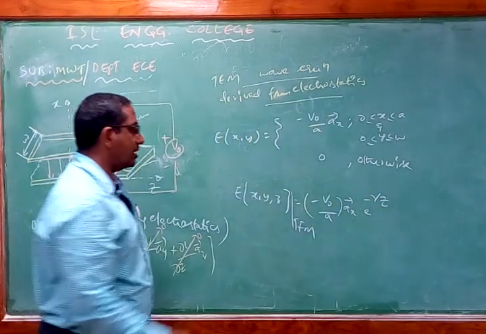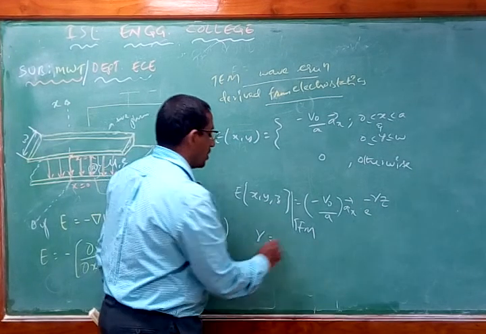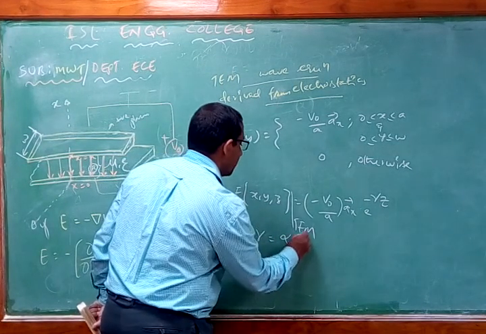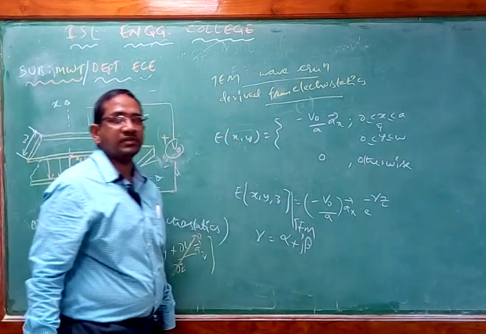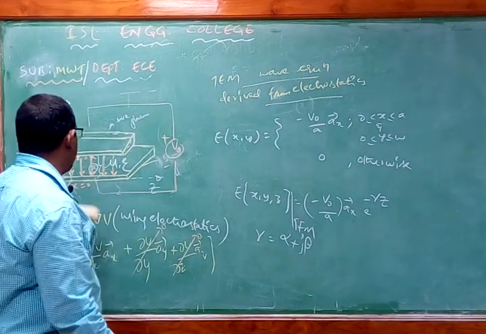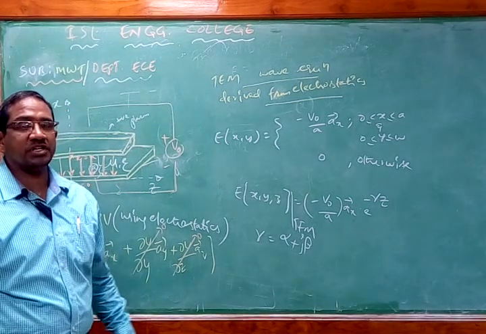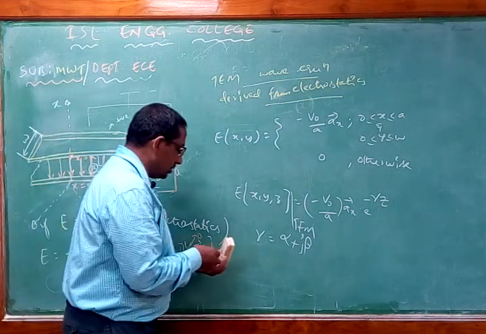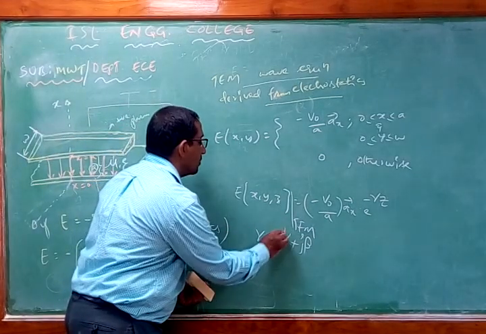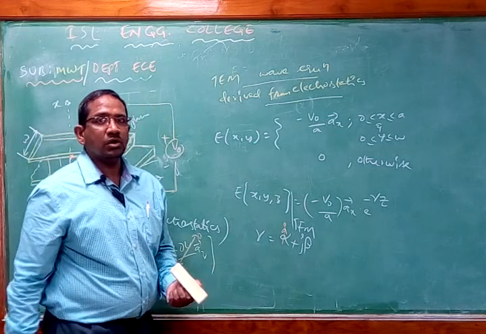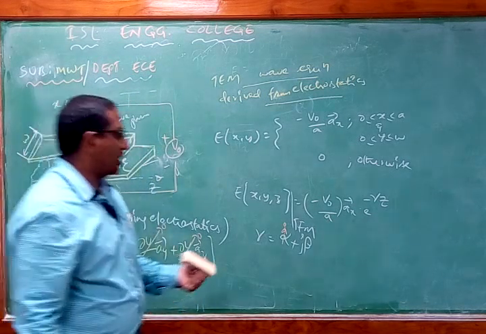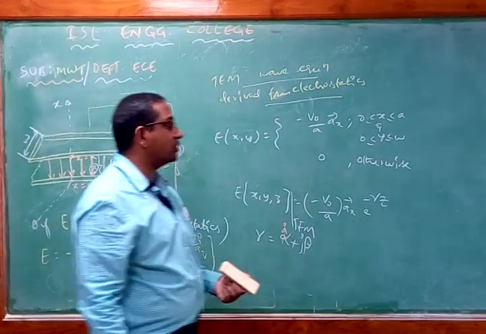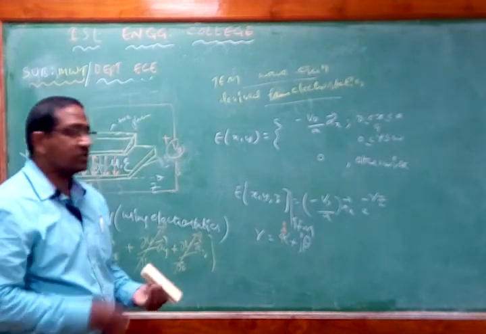What is this gamma? Gamma is known as the propagation constant, which is equal to alpha plus j beta. Now, what medium are we considering? A homogeneous medium. In a homogeneous medium, alpha would be equal to 0. That is, the attenuation is equal to 0 in the case of a homogeneous medium. So if we take alpha equal to 0, we are left with j beta.